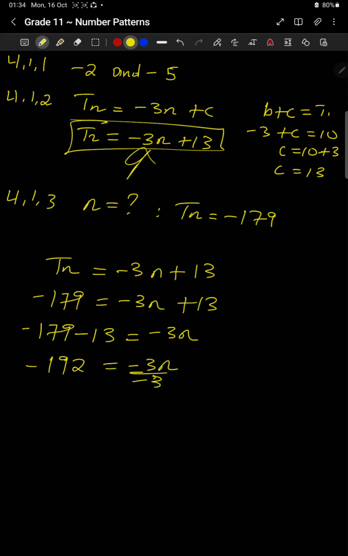Then we divide by -3 on both sides. So therefore n must be equal to 64.